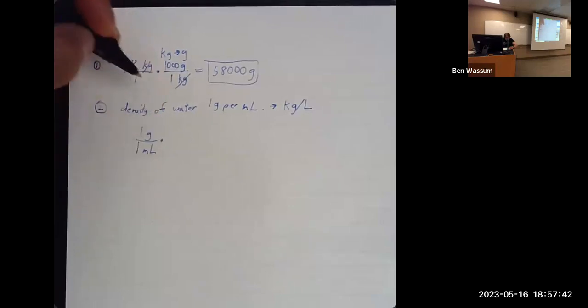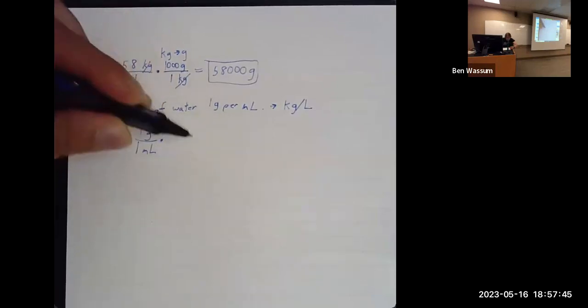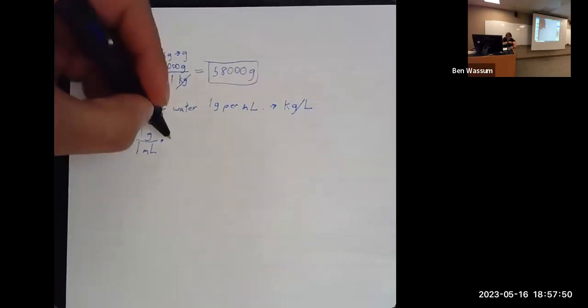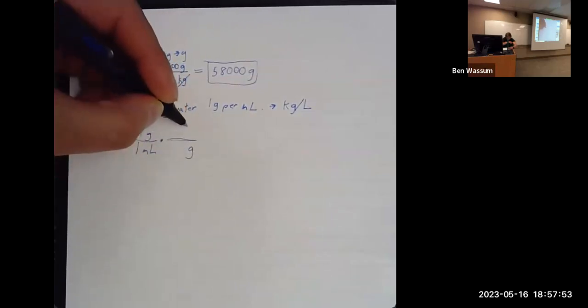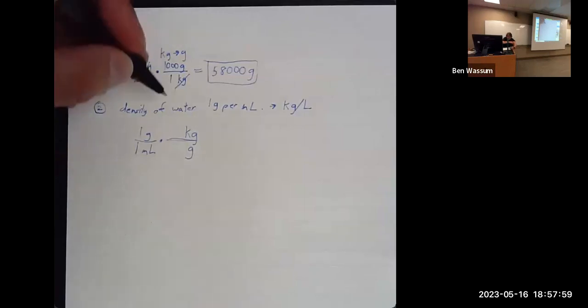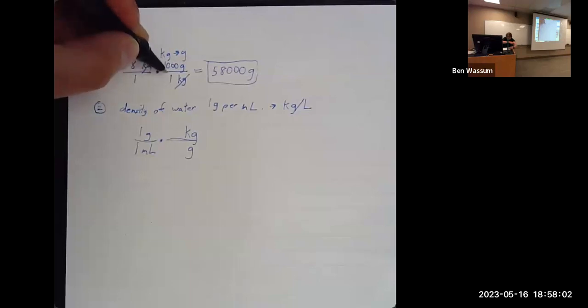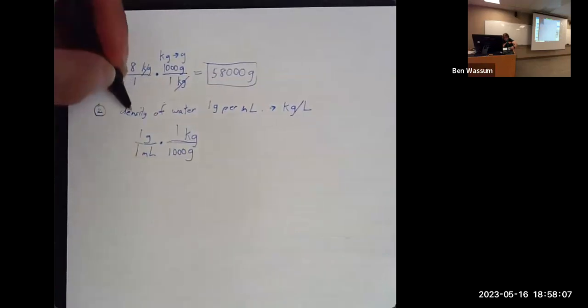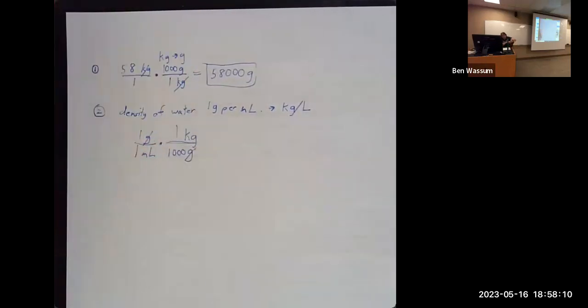So if I was going to do grams to kilograms first, because we've already played with those, then grams would have to be on the bottom and kilograms would have to be on top in order for it to cancel. So we know that 1,000 grams is 1 kilogram. Grams cancels out. We are now in kilograms per milliliters. Now we need to get from milliliters to liters.